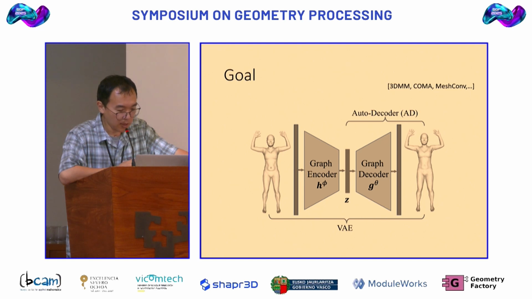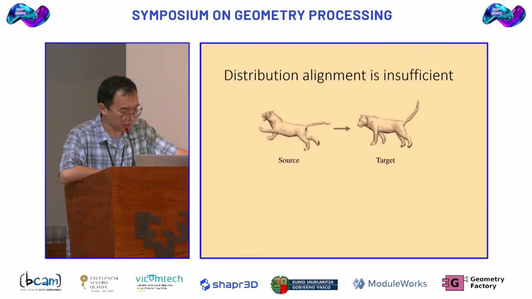We have many papers on how to develop such neural network architectures, like 3D-CODED and Mesh Curve. Each of these has hundreds of citations and is widely used. A standard strategy to train those generative models is to use standard distribution alignment, like GAN, VAE, or auto-decoder training paradigms.